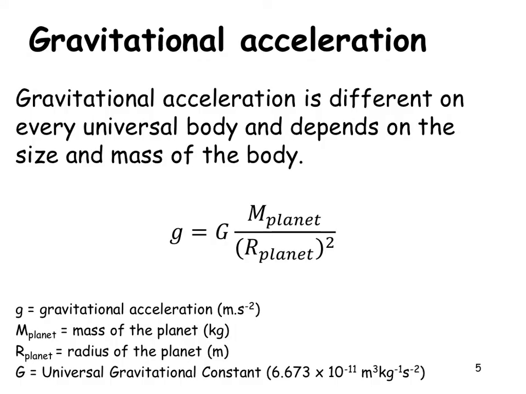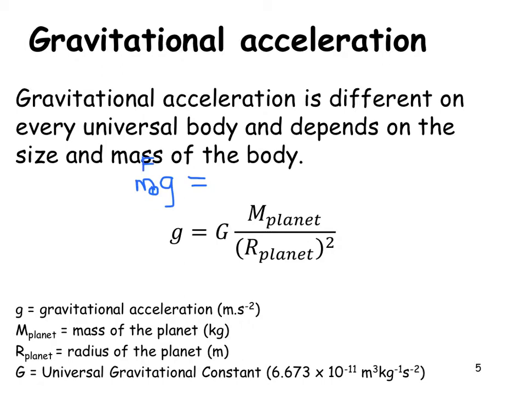So, if we're going to take a look now at gravitational acceleration, it is different on every universal body, and that will depend on the mass and the size of the body, so the planet or whatever. I'm going to show you how to derive this. Remember, we had mg, the mass of an object, was the force.